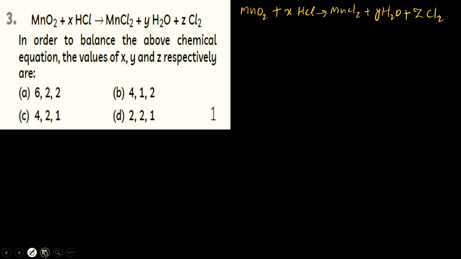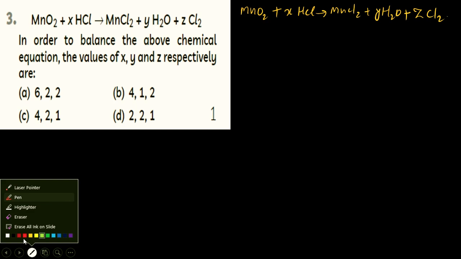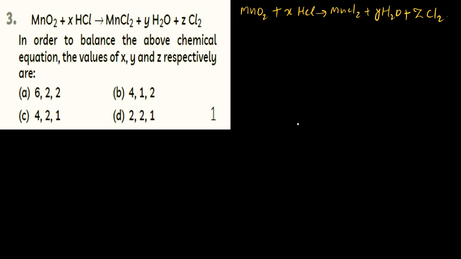Assume Z is equal to 1. In that case, we will have only 4 chlorine atoms on the product side, these two and these two. Definitely they must be equal to 4 chlorine atoms on the reactant side. We will place X equal to 4.